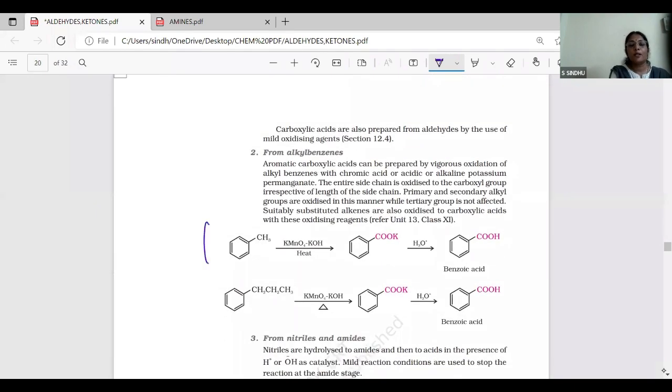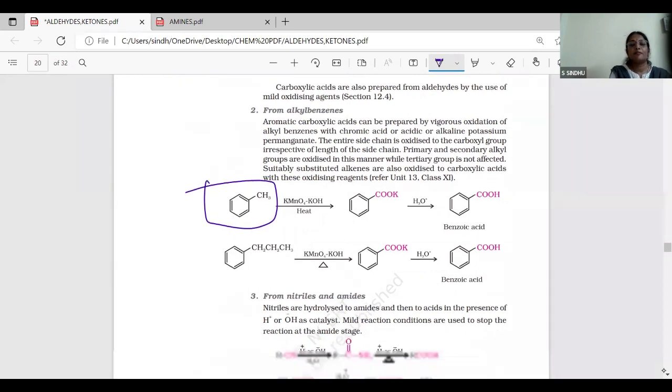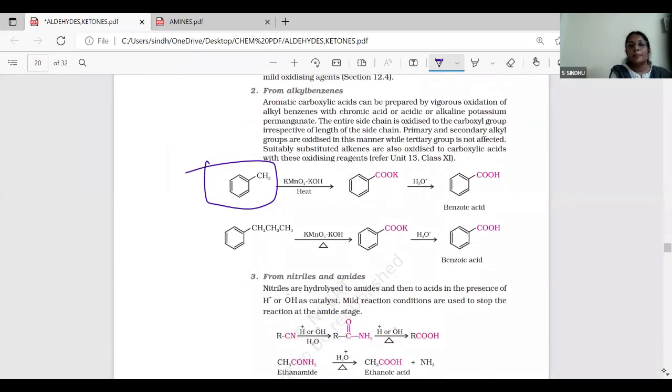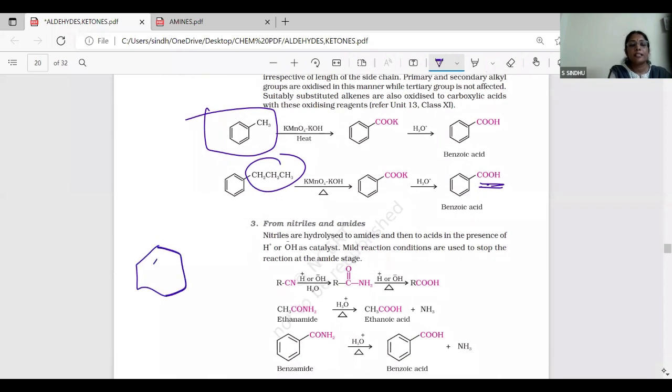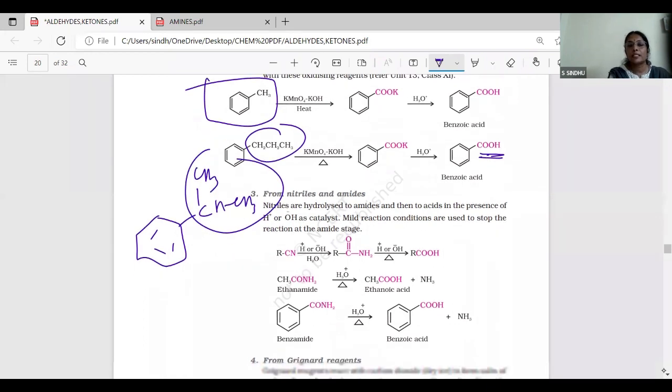And another important reaction: irrespective of the alkyl groups, if you have alkyl groups attached, that's primary alkyl benzenes, then secondary alkyl benzenes, all will be converted to just benzoic acid, irrespective of the number of alkyl groups, primary, secondary, tertiary. Suppose I have CH, CH3, CH3. This will also be converted to the carboxylic group.